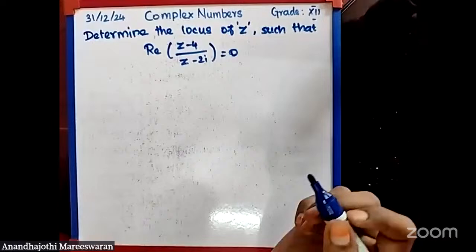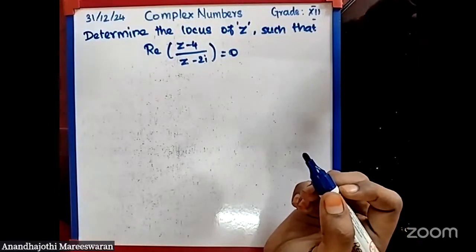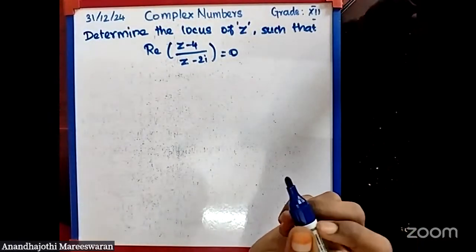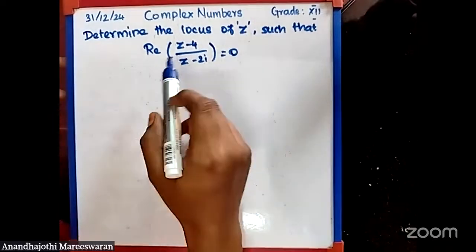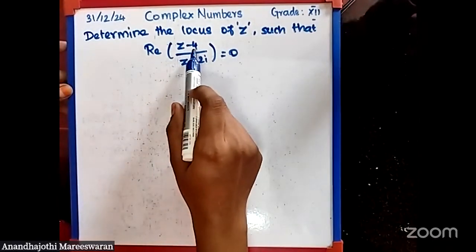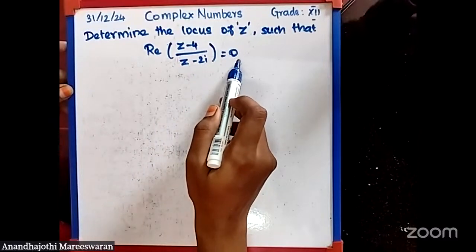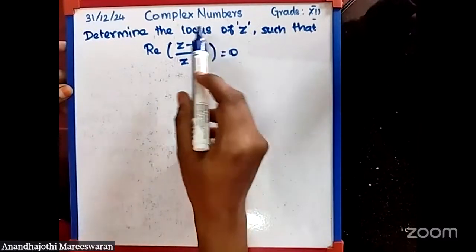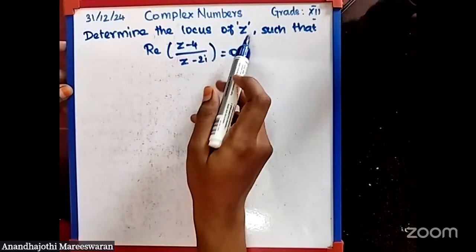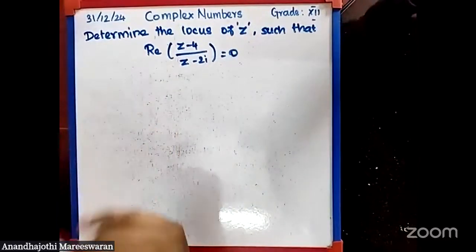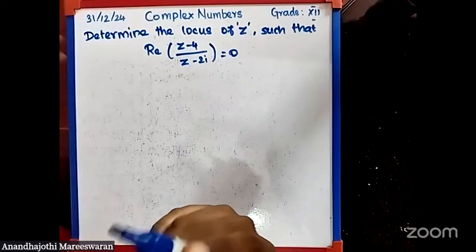Okay, so here is the question, right? What they given? They given that the real part of (z minus 4) divided by (z minus 2i) equals 0. What they ask us to find? They ask us to find the locus of z. Whenever we solve the sum, we have to write the given first.